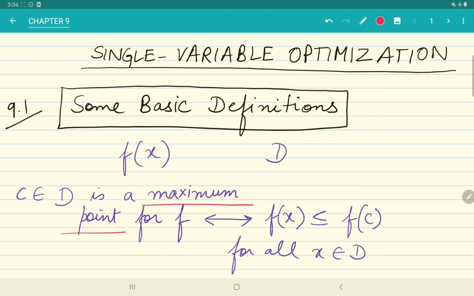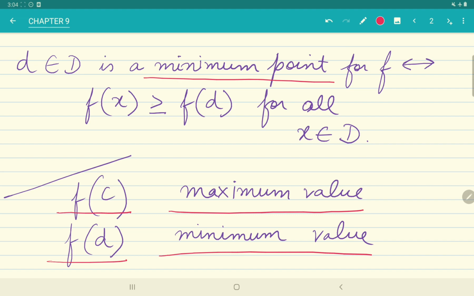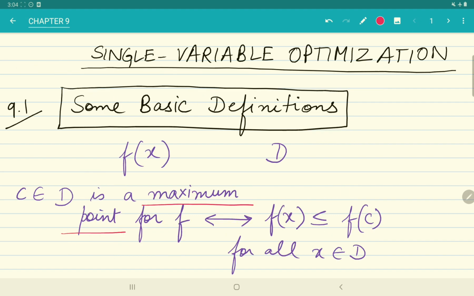Here we have written less than or equal to, and here I have written greater than or equal to. But now let's say I have a point c in the domain and the value of f at c is strictly larger than at any other point in the domain. Here I have written f of c greater than or equal to f of x.